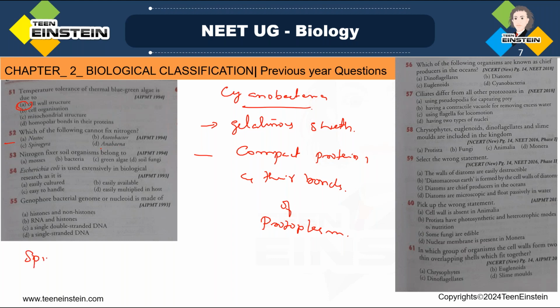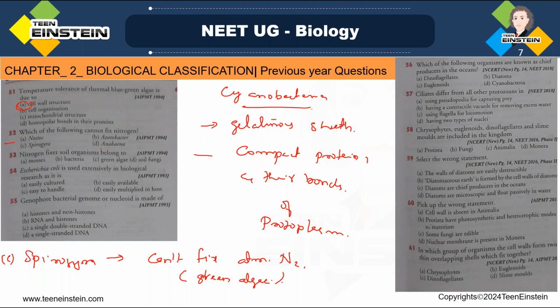So here the answer is C, Spirogyra, the one which cannot fix atmospheric nitrogen, because it belongs to green algae, right?